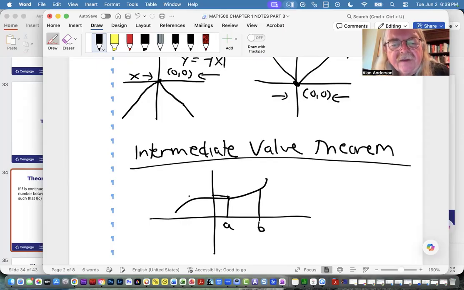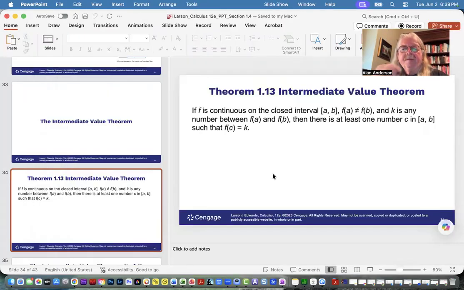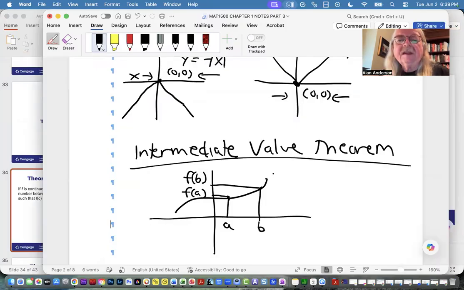And so here's f of a, and here's f of b. Now the important thing here is that f of a and f of b are different from each other.